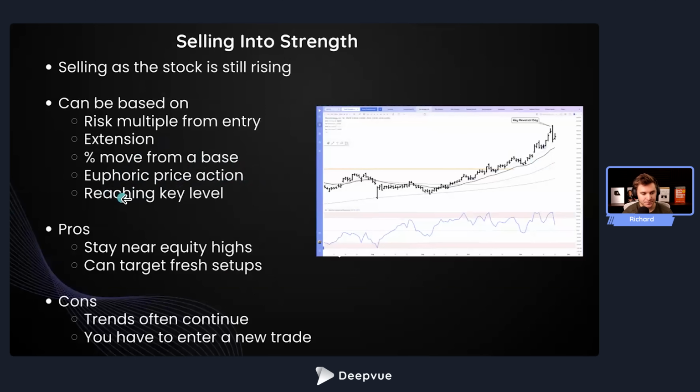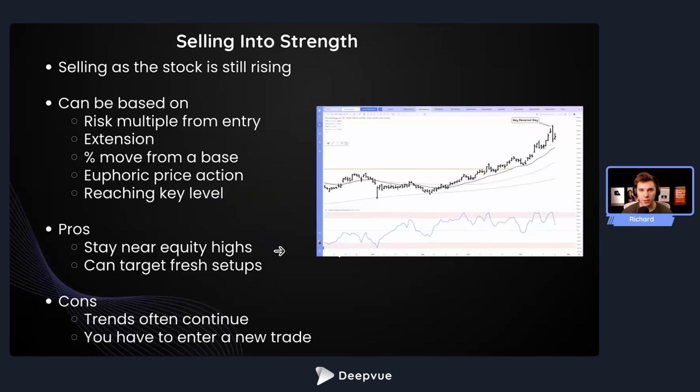And then lastly, the stock could be approaching a very key level, whether it's a Livermore 500 level, 100 level, or previous resistance looking to the left of the chart. That can be another reason to sell some into strength in anticipation that the stock might respect that level and start to pull back and decline and maybe set back up, or just roll over and start a downtrend.